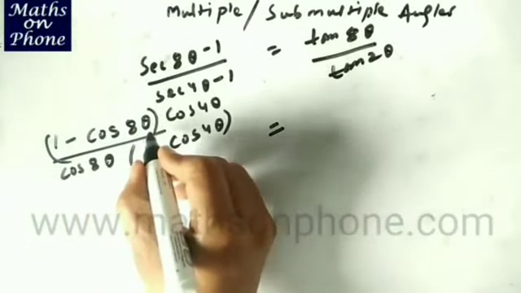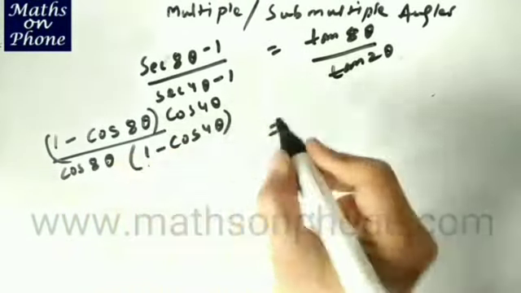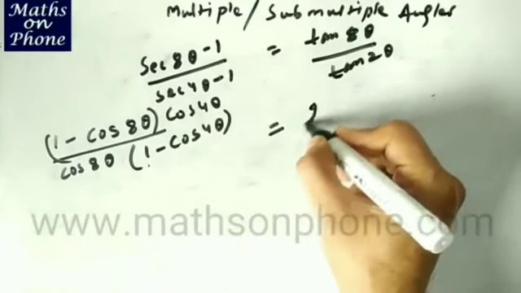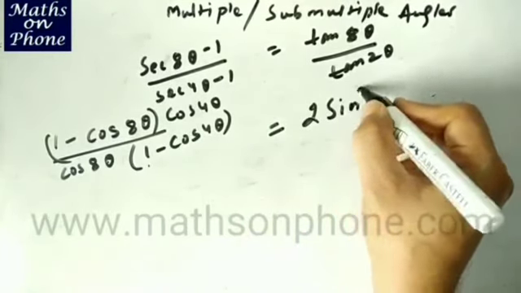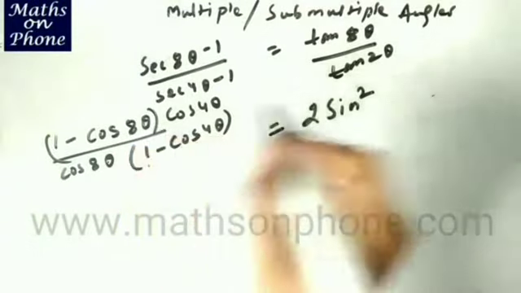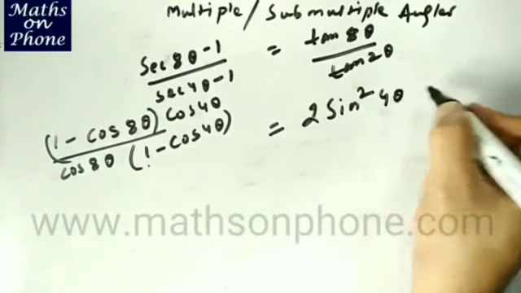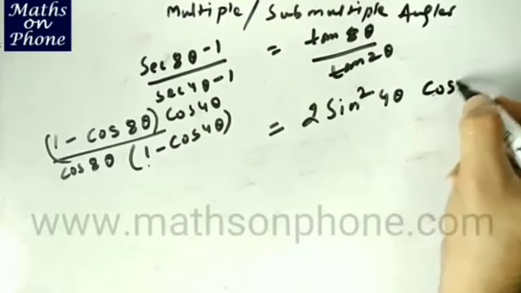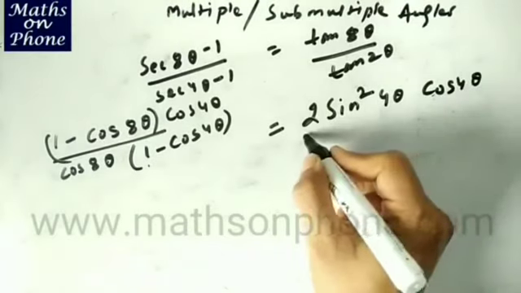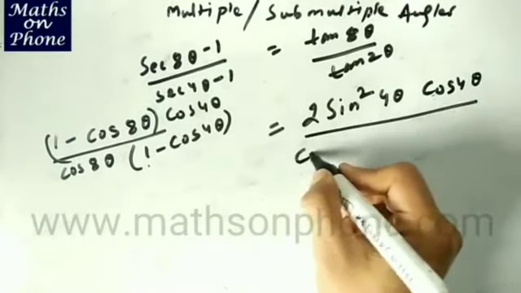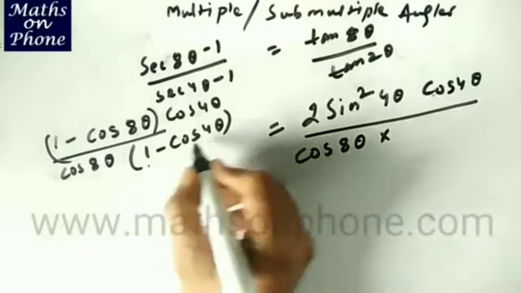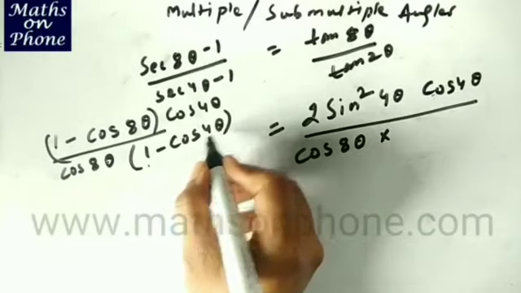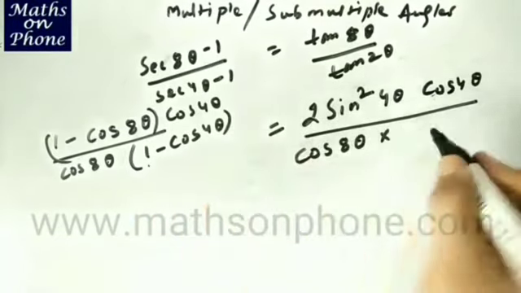We can just write 1 minus cos theta. What was that? 2 sine square theta by 2. So it will be 2 sine square 8 theta by 2, that is 4 theta, into cos 4 theta. We are not doing anything here. Cos 8 theta into 1 minus cos 4 theta.